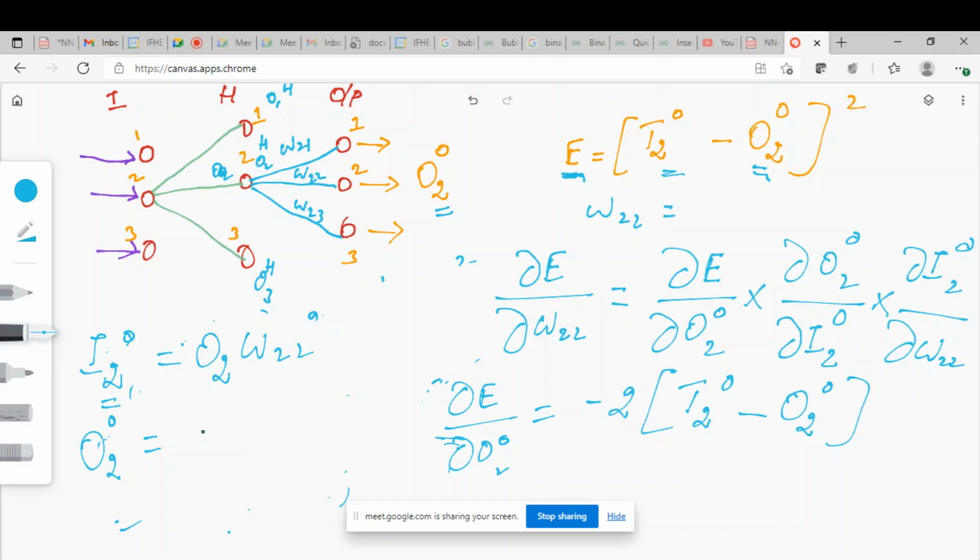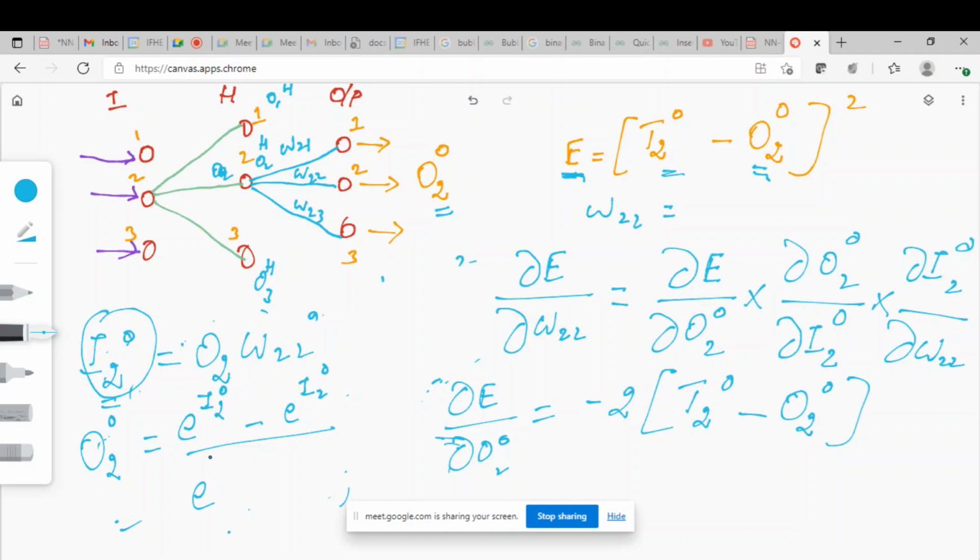So in our case, the output is a function of this input: e to the power I2O, that is the second input of the output layer, minus e to the power minus I2O, divided by e to the power I2O plus e to the power minus I2O.